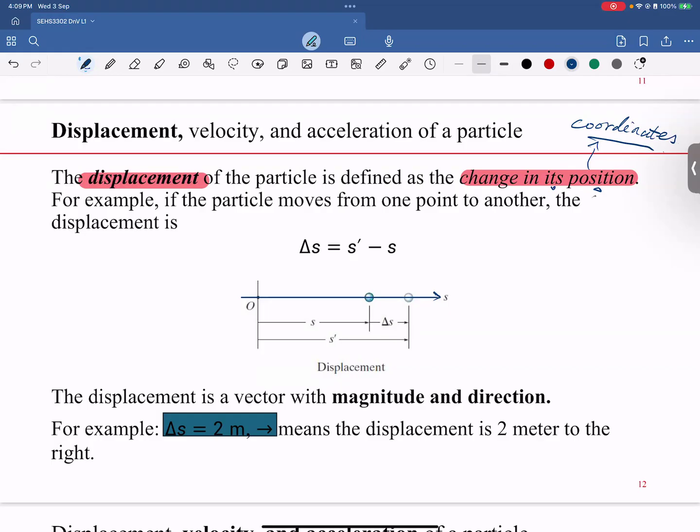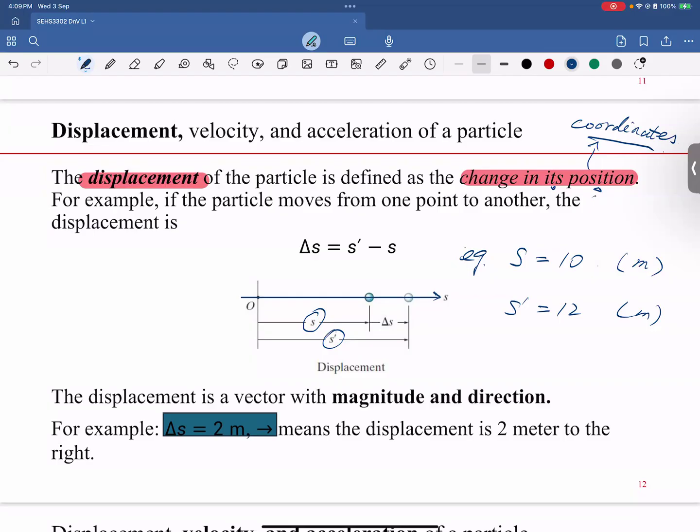At the beginning, the position is at S. This S can be a number, for example, 10, and the unit is a meter, okay? And S prime can also be a number, maybe 12, also in meter.